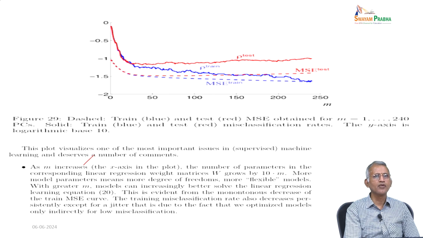With greater m, models can increasingly better solve the linear regression learning equation 20. This is evident from the monotonously decreasing train MSE curve. The training misclassification rate also decreases persistently, except for jitter that is due to the fact that we optimize the model only indirectly for low misclassification.